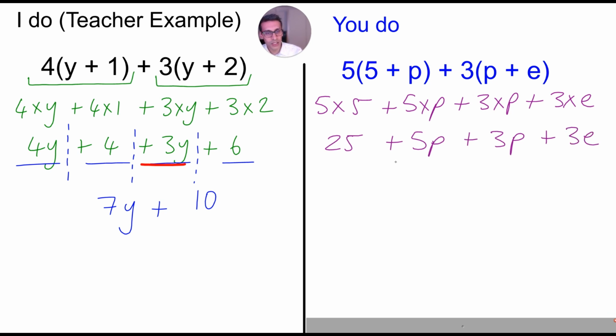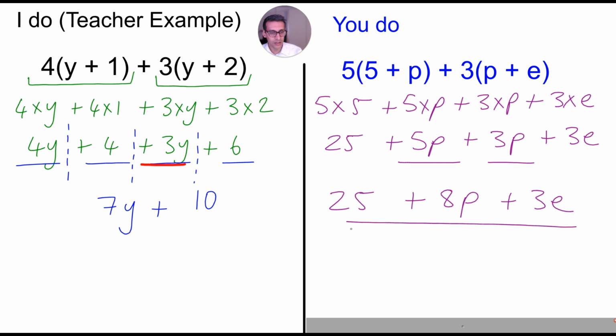Now the like terms here, we've only got 5p and 3p. We can't add the e's, we can't add the 25. So this is just going to be 25 plus 5 plus 3 is 8p, and then the 3e just stays as it is. These are all separate terms. That is your final answer.